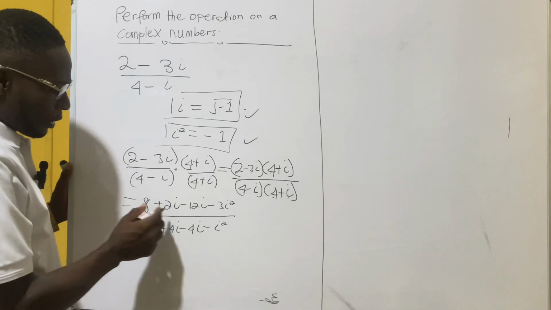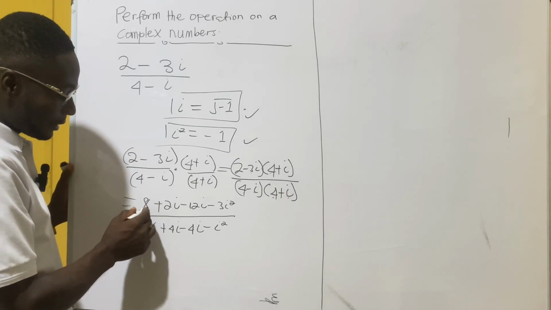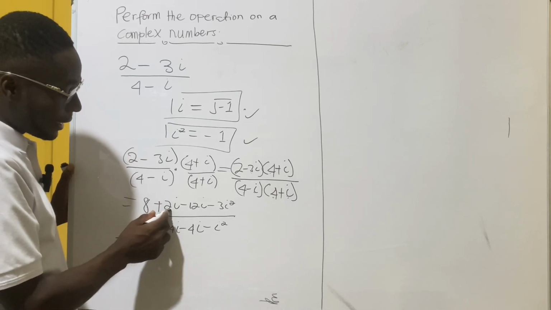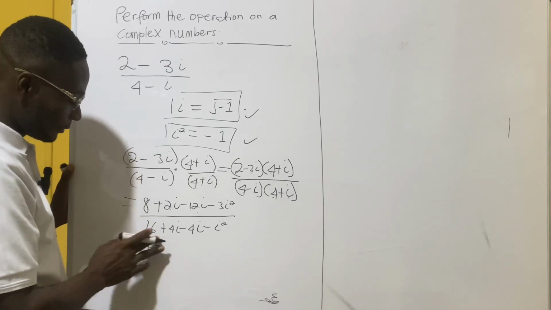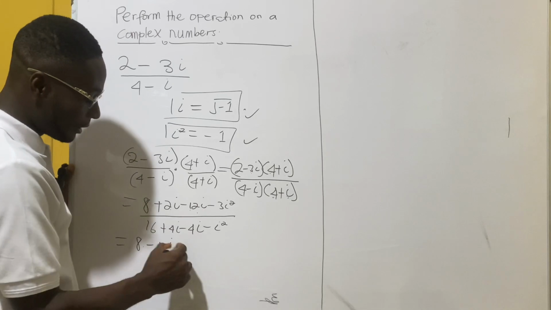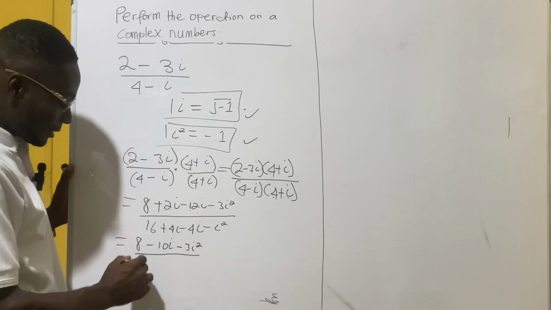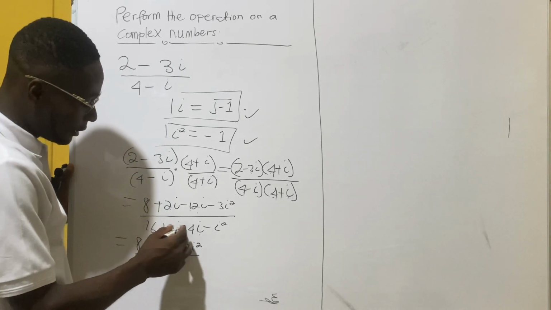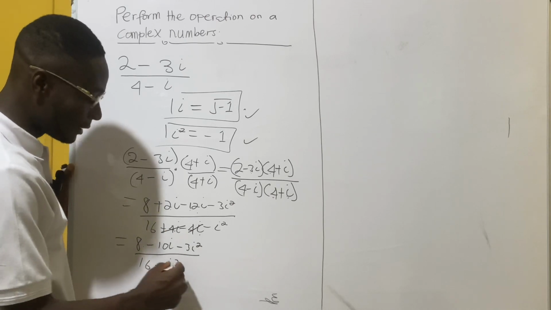Now we can see that we have 8 here. Then 2i minus 12i becomes minus 10i. So we have minus 10i. Then we have minus 3i squared, all over 16, plus 4i minus 4i goes off, so we're going to have minus i squared.